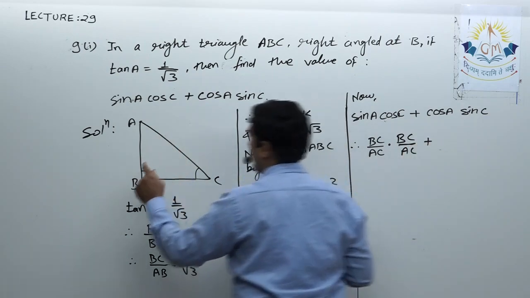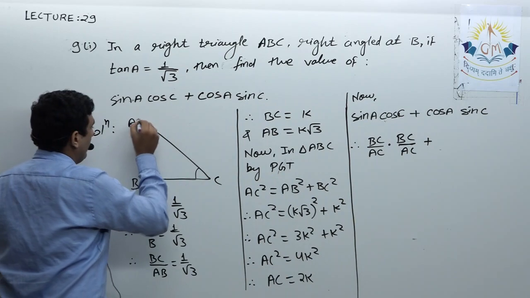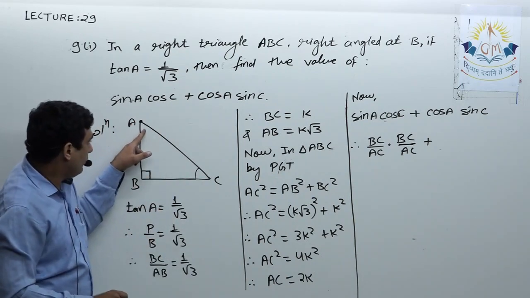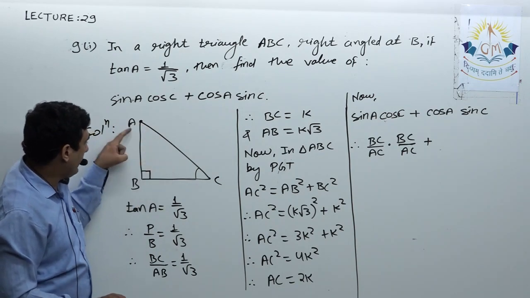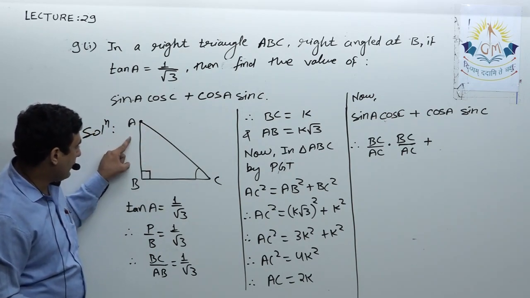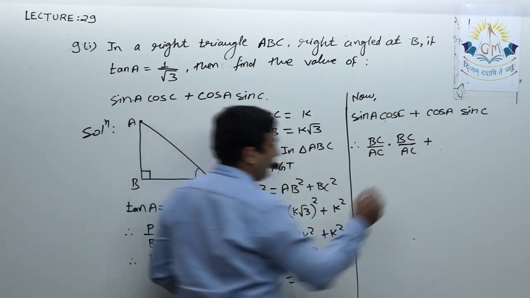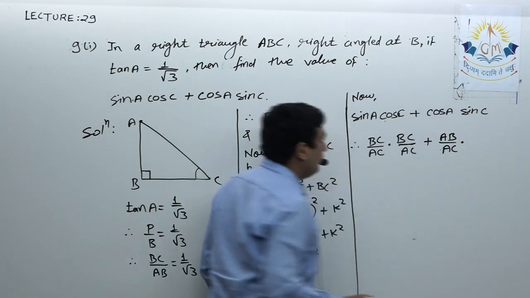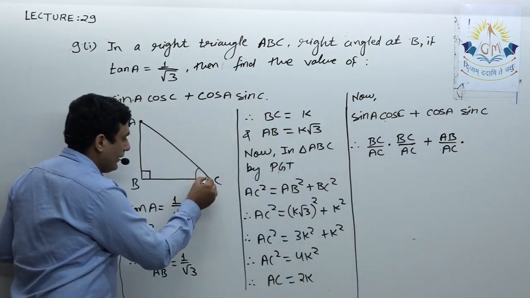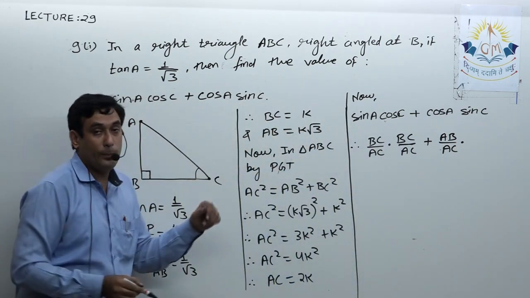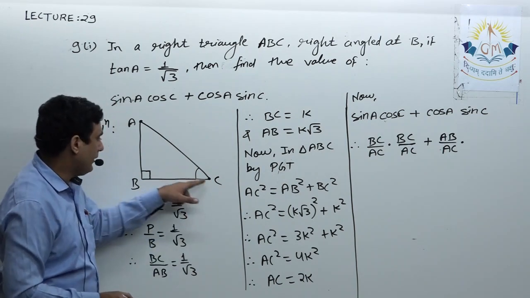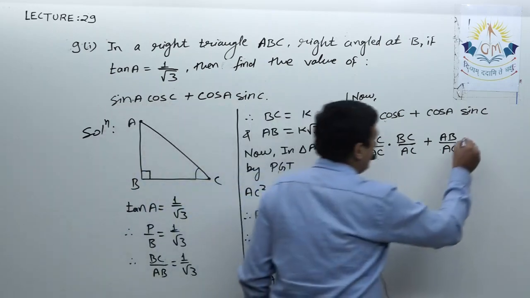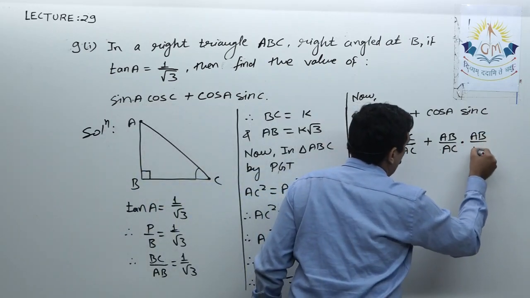Plus cos A. Now for this angle, if I find cos, cos is base upon hypotenuse. For this angle, BC is perpendicular, so AB is base. So base upon hypotenuse, that is AB upon AC, into sin C. For angle C, I need to write perpendicular upon hypotenuse, and for angle C, AB is the perpendicular, AC is the hypotenuse, that is AB upon AC.